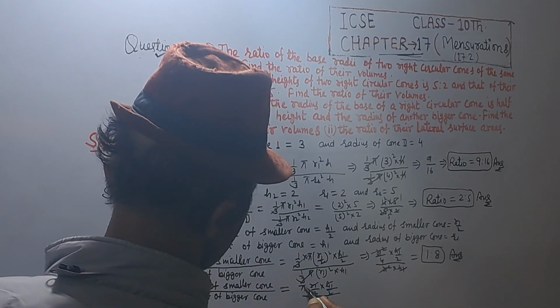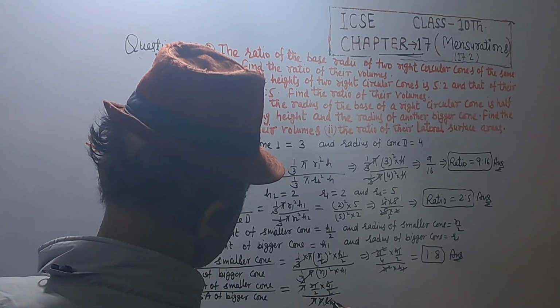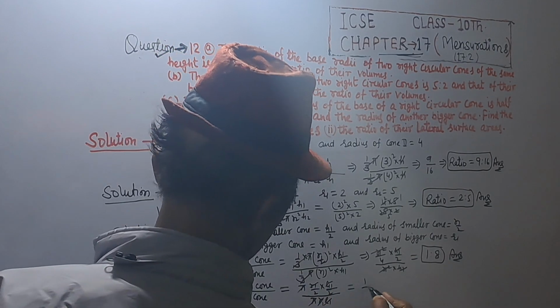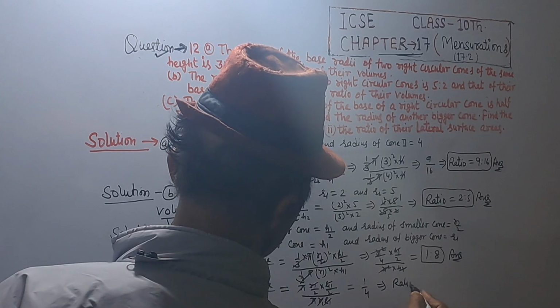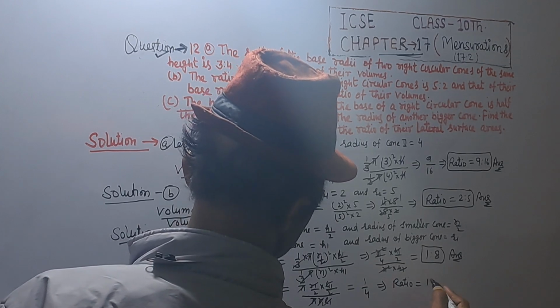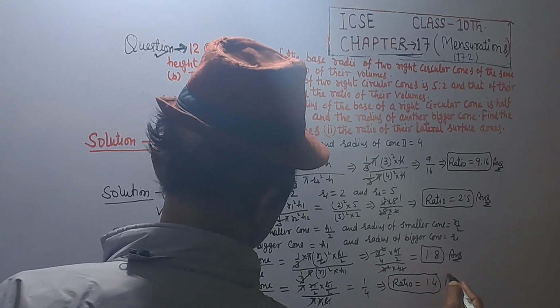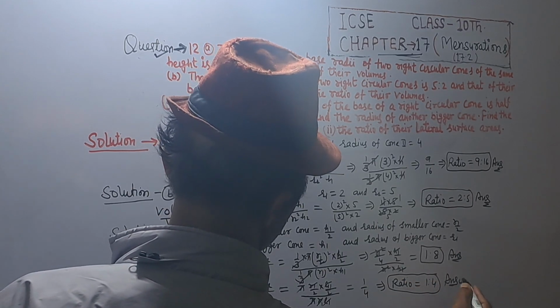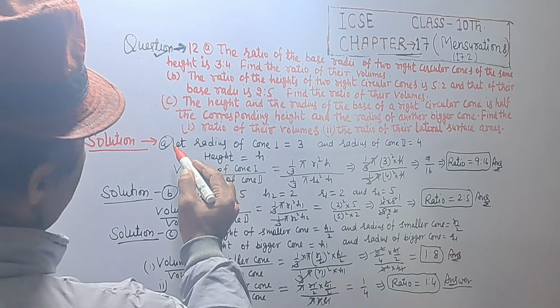This is cancelled, pi is cancelled, r1 is cancelled, l1 is cancelled, 1 upon 4, which implies ratio is equal to 1:4. Answer.